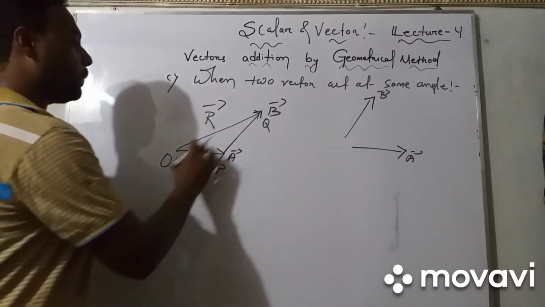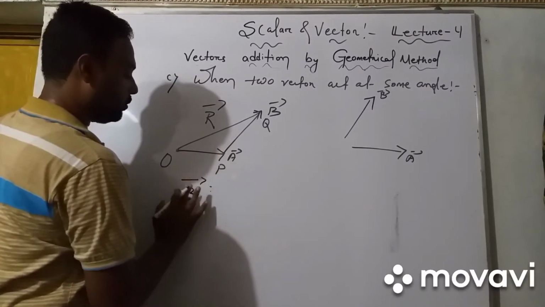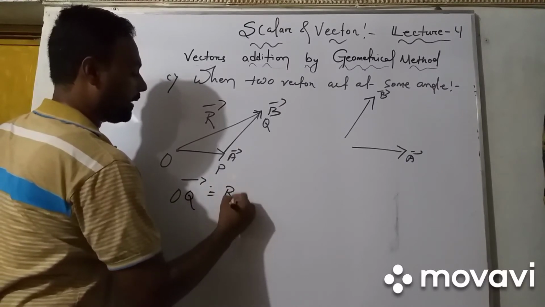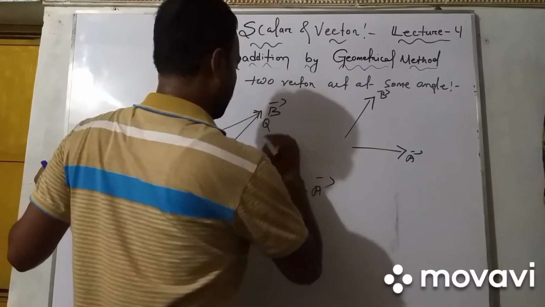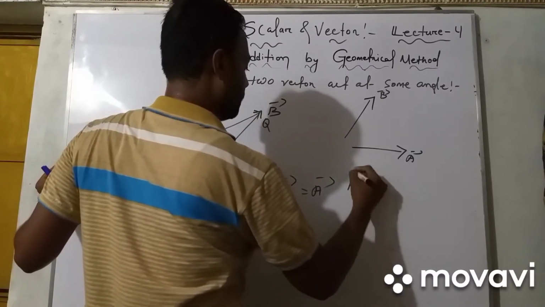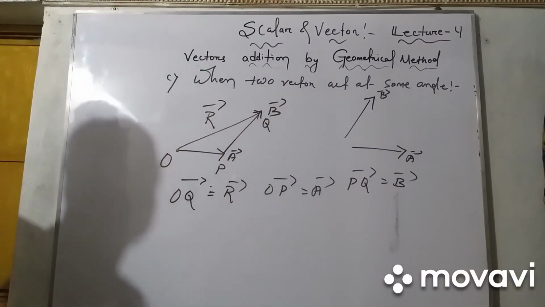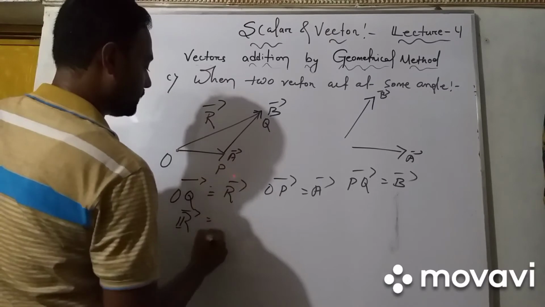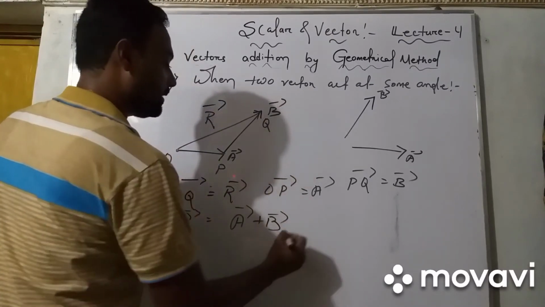So OQ vector is equal to R vector, OP vector is equal to A vector, and PQ vector is equal to B vector. Therefore, resultant vector R vector is equal to what? A vector plus B vector. That is what?